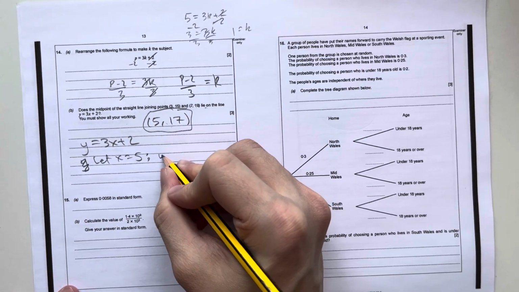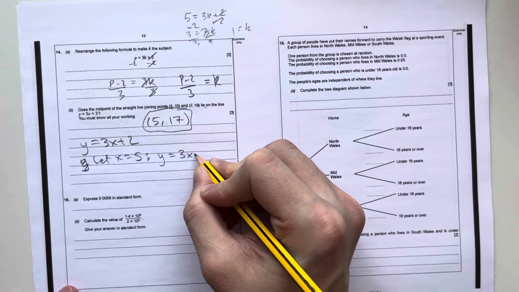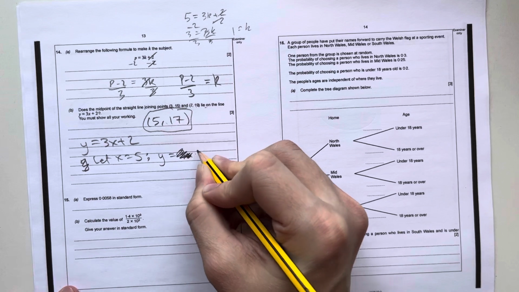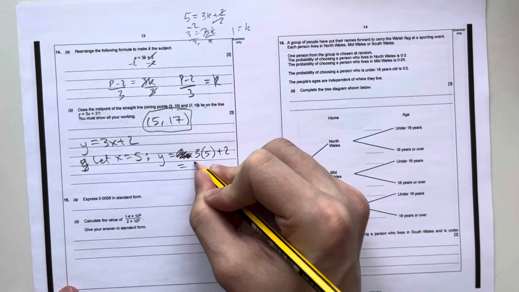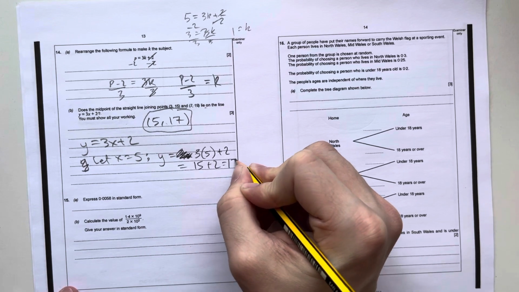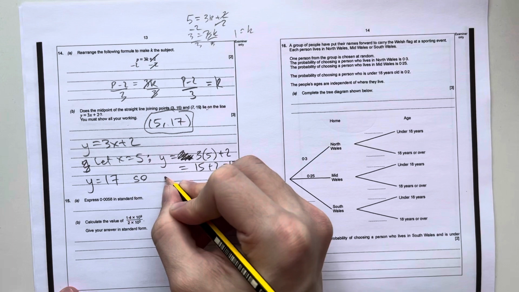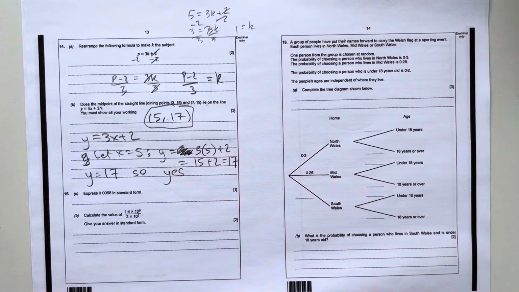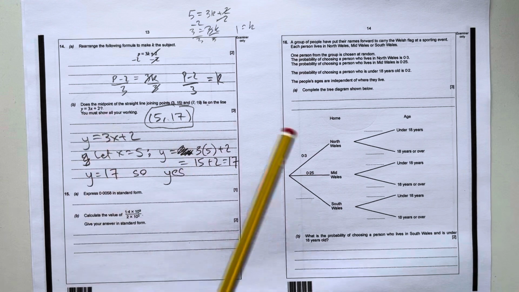So y equals 3 times 5 plus 2, which is 15 plus 2, which is 17. So y equals 17, so yes, it is. So essentially, is the y value 3 times the x value plus 2? Yes, it is.